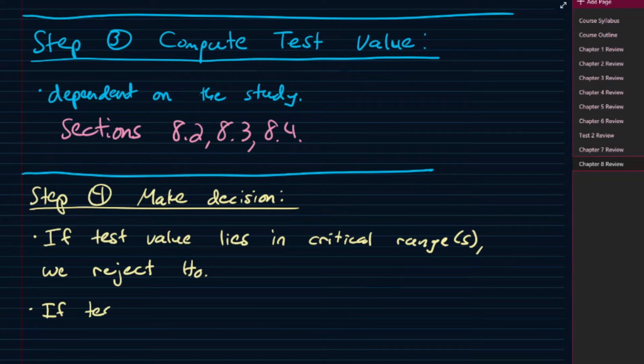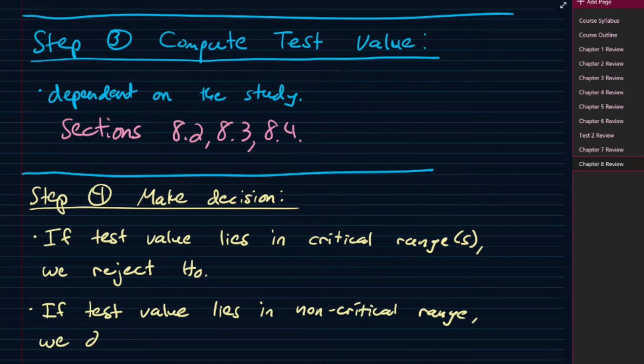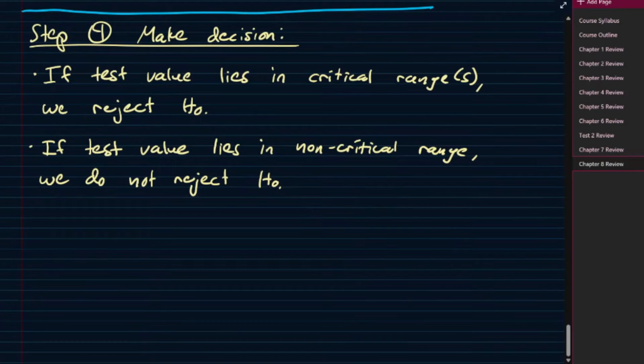If the test value lies in the non-critical range, we do not reject H sub 0. And that means the base assumption stays. We were not able to disprove our base assumption, essentially. And that's step 4. Not a hard step.